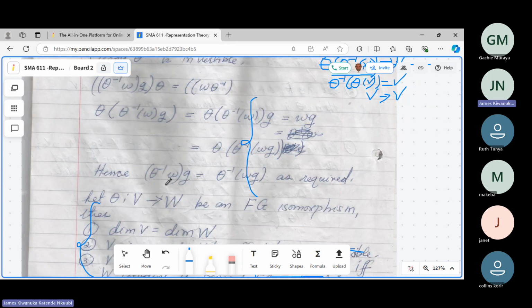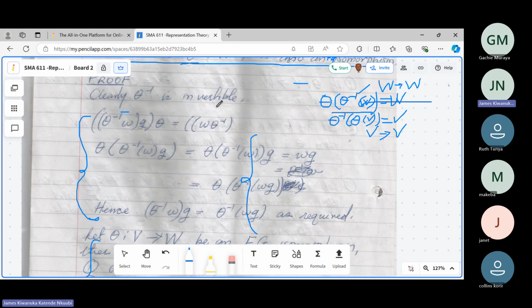So all that is happening here is to prove that it is an FG homomorphism. It is definitely a linear map. You should be able to check that theta inverse is a linear map. The only thing that's left here is to check that it preserves this.